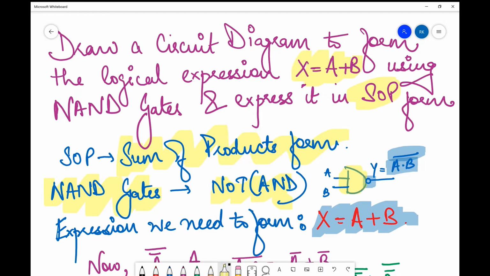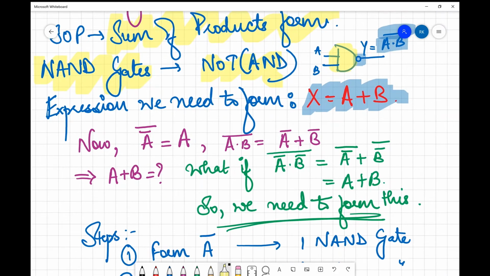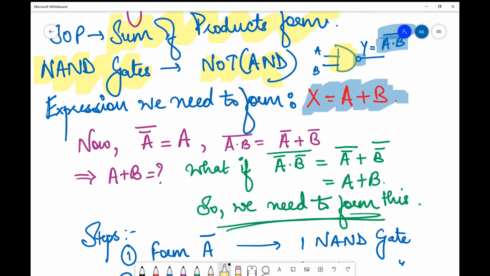I have this NAND gate, and I know very well that A bar bar is A. If I split it up, A dot B whole bar is equal to A bar plus B bar.